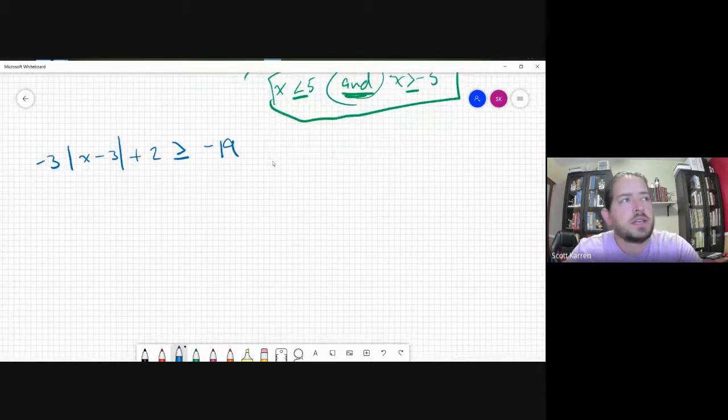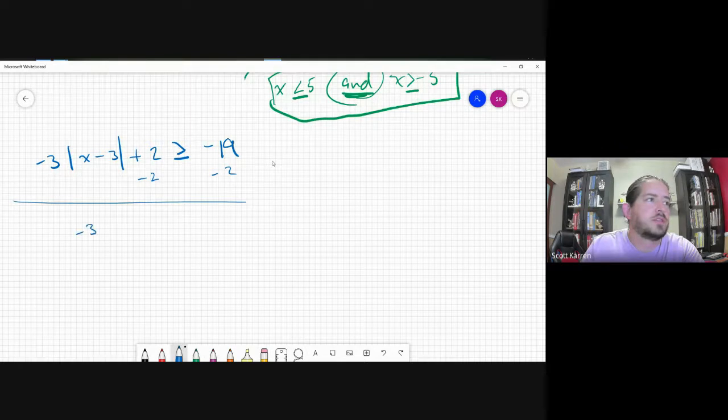It looks like it'll be a greater than or equal to, and so I've backtracked, but you'll see that it's not in just a minute here. So if I subtract 2 from both sides, this gives me a -3 times the absolute value of x minus 3 is greater than or equal to -21.